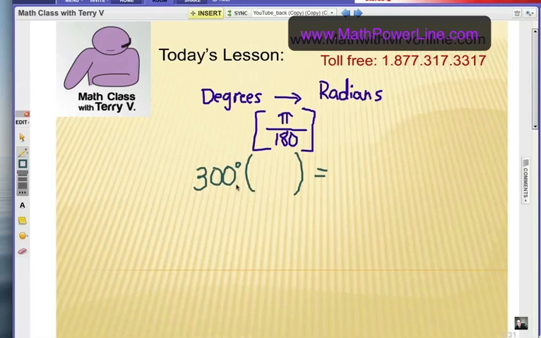A first example: converting 300 degrees into radians. Well, use the conversion ratio of pi over 180. And again, notice the degrees is in the denominator, so that unit will cancel out. And so we will have 300 pi over 180, and now we have to do some simplifying.